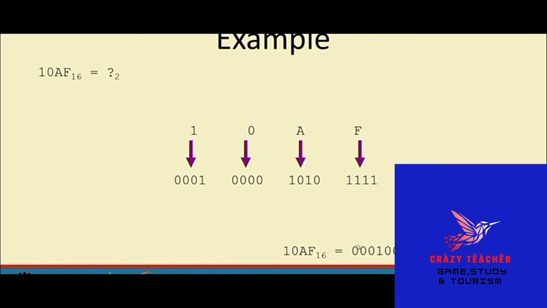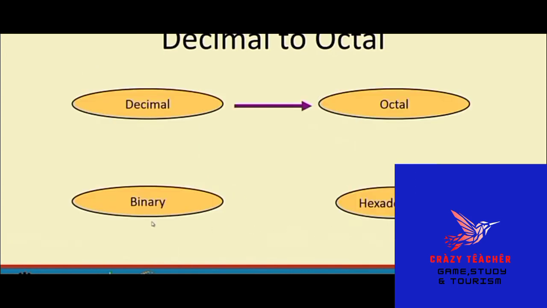Of course, the leading zeros are not necessary because they don't contribute to the overall value of the number, so you can ignore them, but this is just for the sake of completeness.